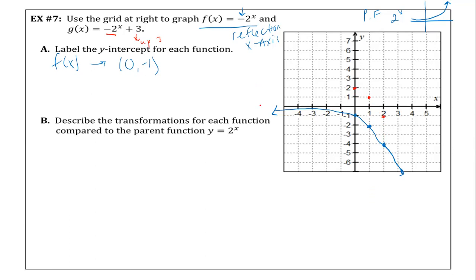Now, the key thing here to also note is that you have this horizontal asymptote at y equals 0. That also shifts up 3 units. Your horizontal asymptote also shifts. So now my horizontal asymptote is at y equals 3. So my function is doing this.